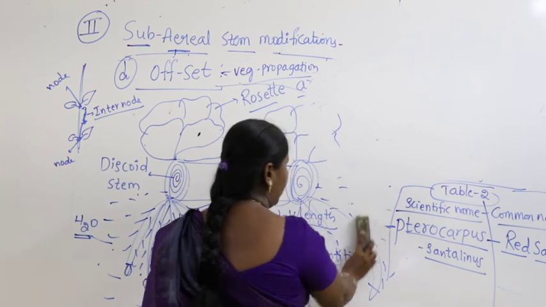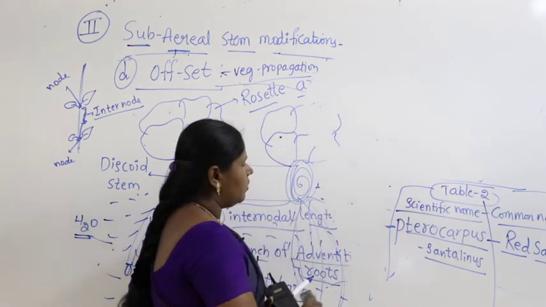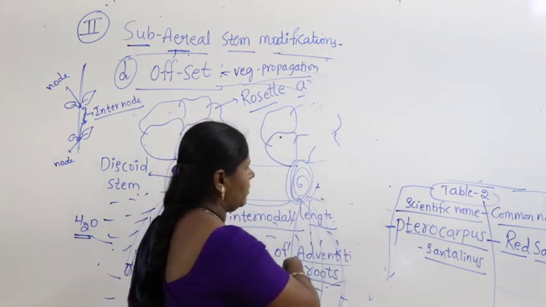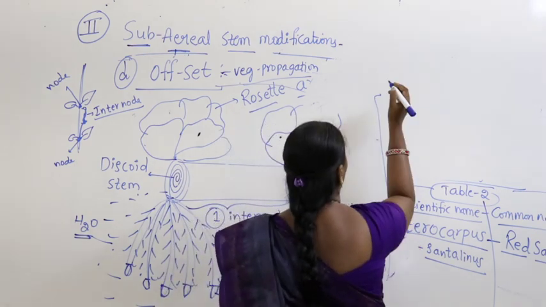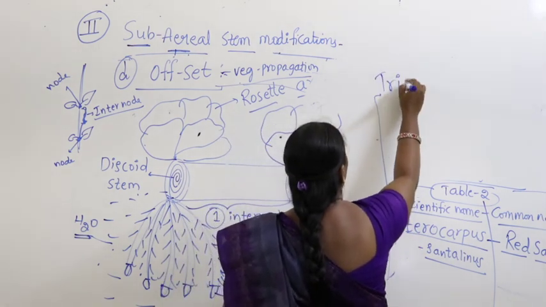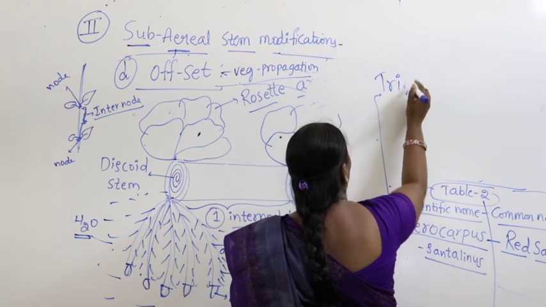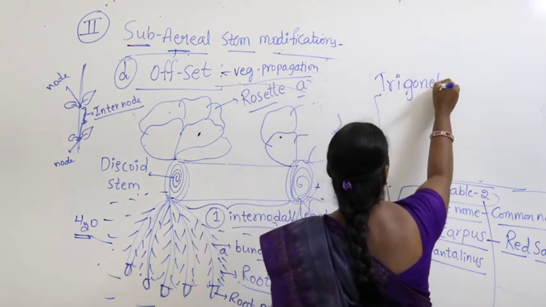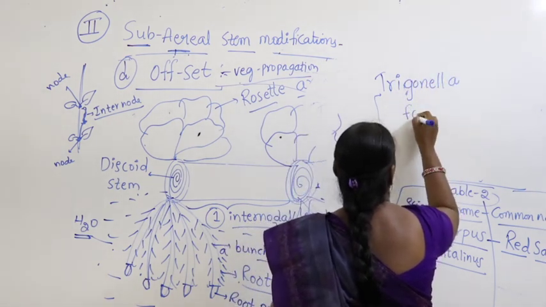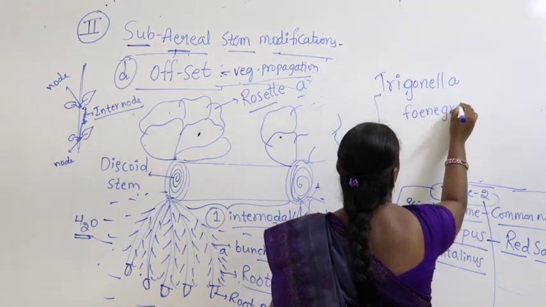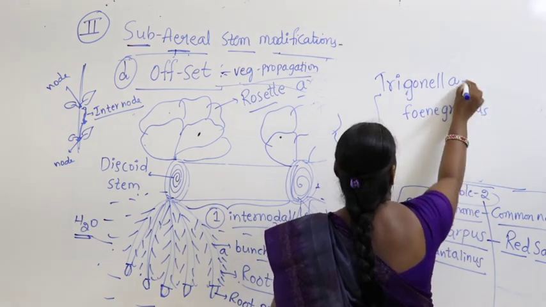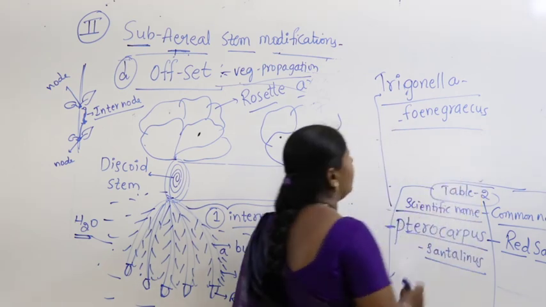Let me give you another plant. In this case the scientific name is Trigonella phenygrichum. What is the name of the plant?